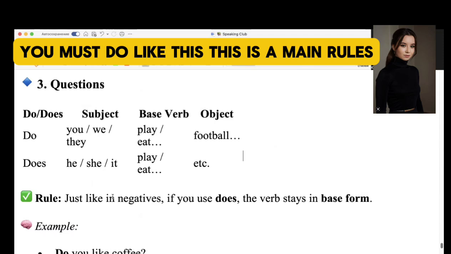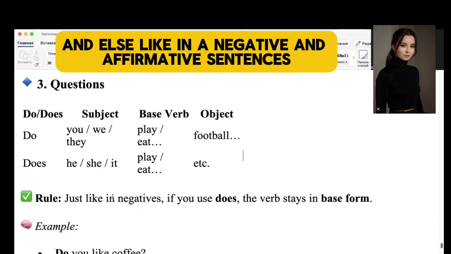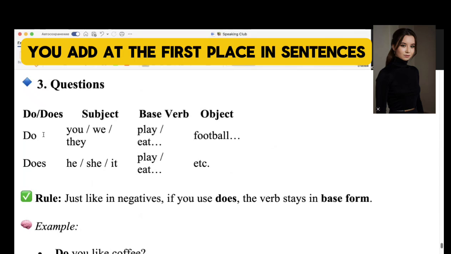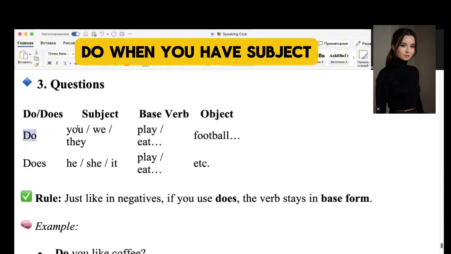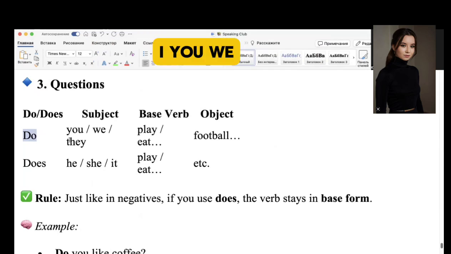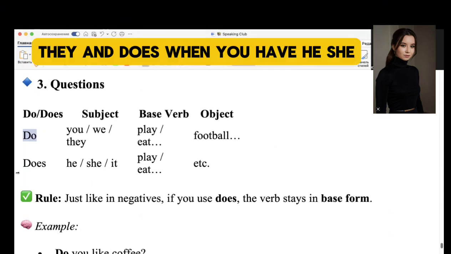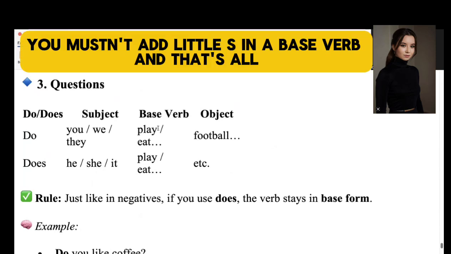You must do it like this. This is the main rule. And also, like in negative and affirmative sentences, you add do at the first place when you have the subject I, you, we, they, and does when you have he, she, it. You mustn't add the letter S to the base verb, and that's all.